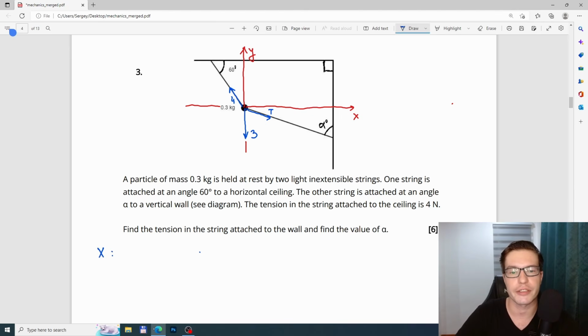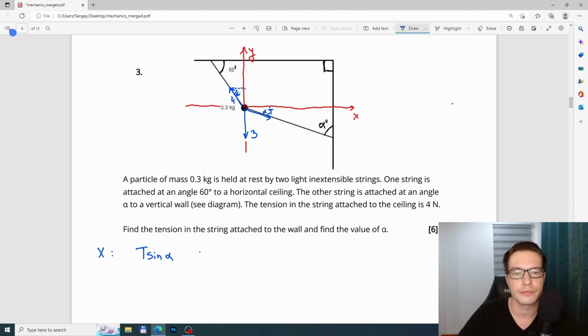Start with the x-axis. So first look at the force T, that angle here is alpha as well. And the x component is opposite of the angle alpha. So that means I'll have to multiply by sine alpha. So I got T sine alpha. Moving on to the force of 4 newtons. This angle here is 60.